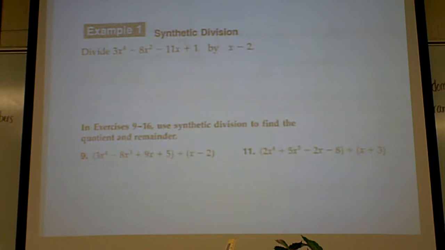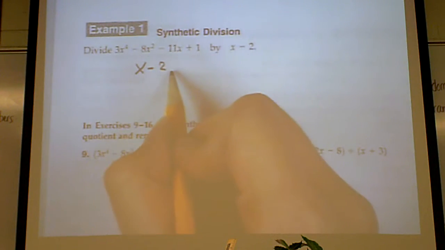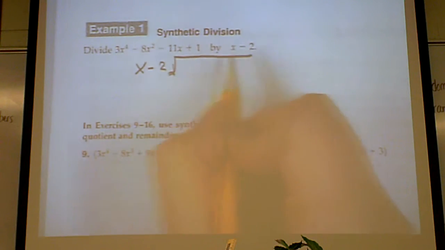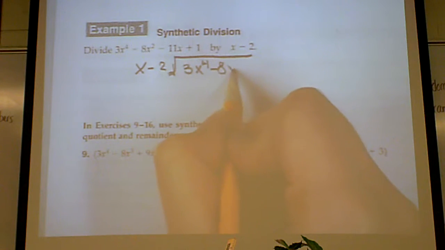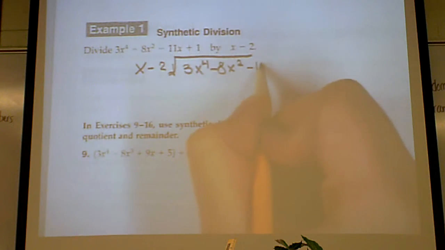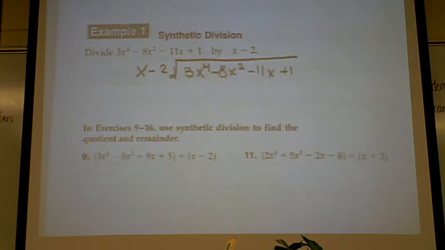Okay, so if it says divide 3x to the 4th minus 8x squared minus 11x plus 1 by x minus 2, this is saying we're doing x minus 2 and it looks like this, right? 3x to the 4th minus 8x squared minus 11x plus 1, that all goes underneath the division sign, right?